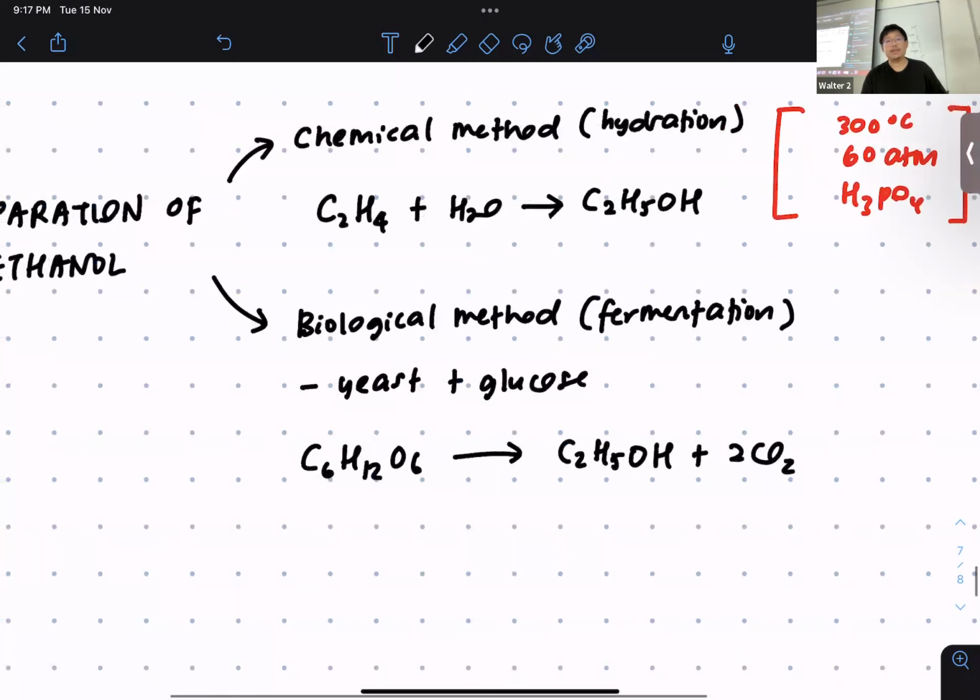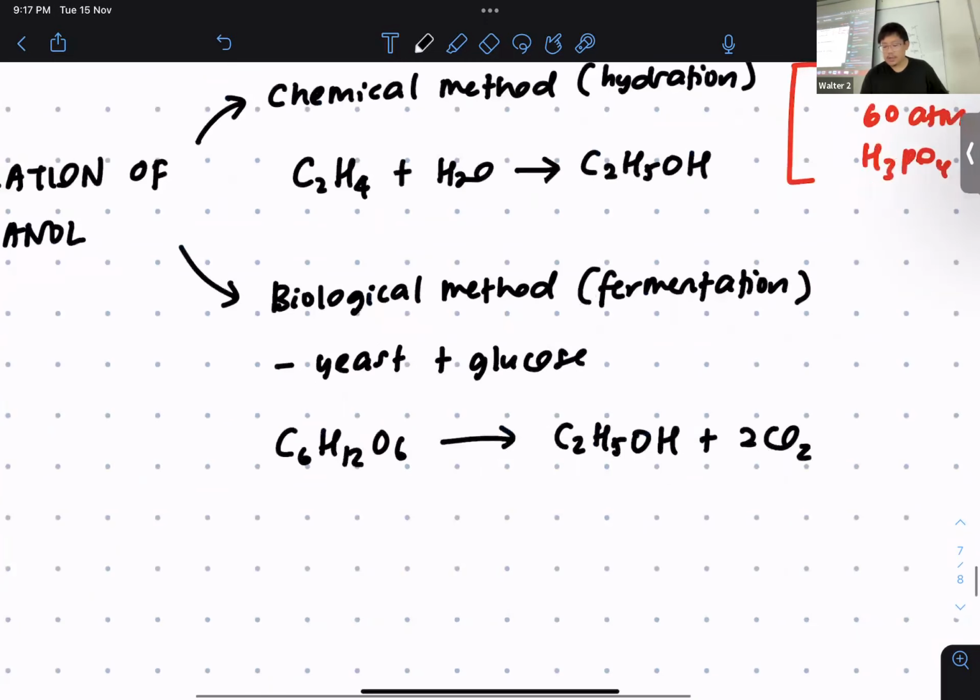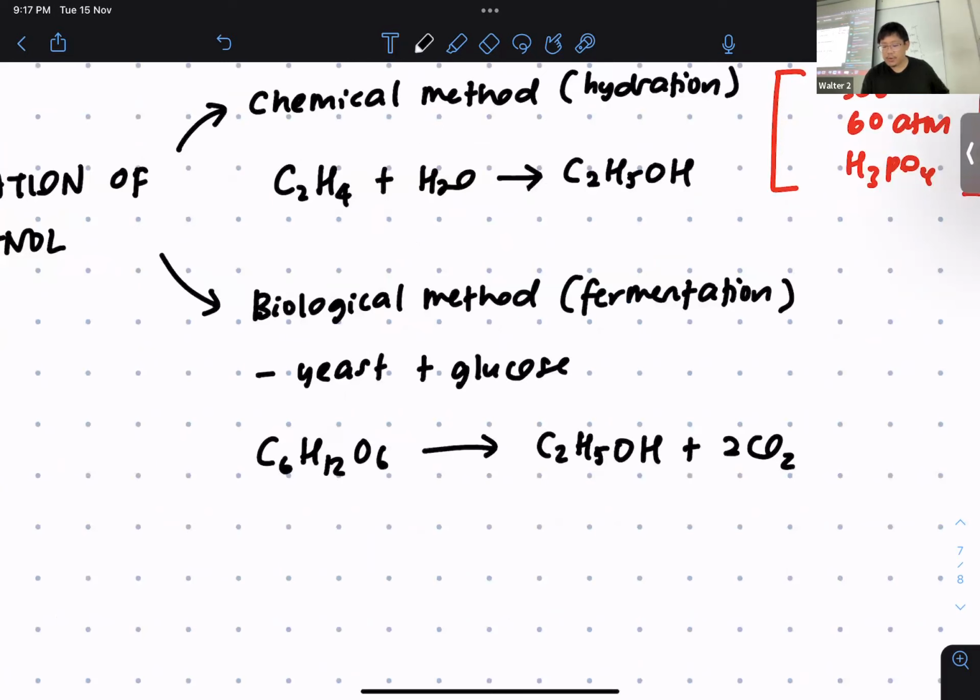through the production of an enzyme called zymase. So yeast is capable of producing an enzyme called zymase. And apparently zymase is the one that converts the glucose into alcohol.